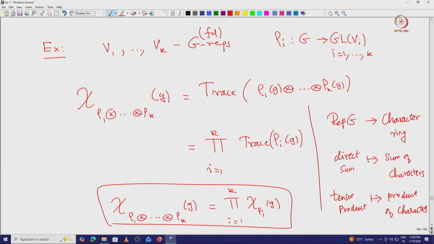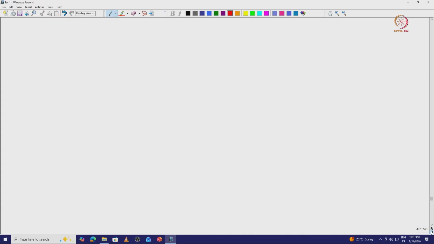Okay. So what about the character of the symmetric product and the alternating product? Let us do one example, and then I will do the general construction and proof.